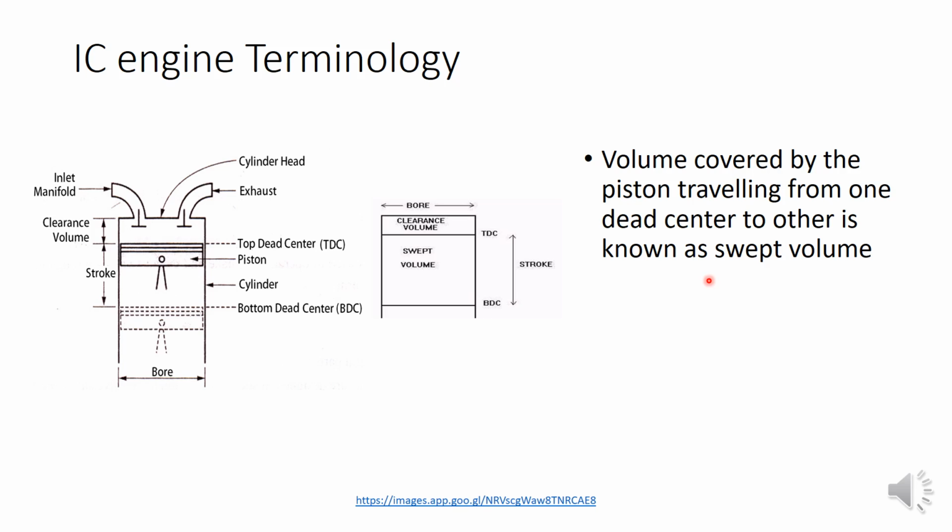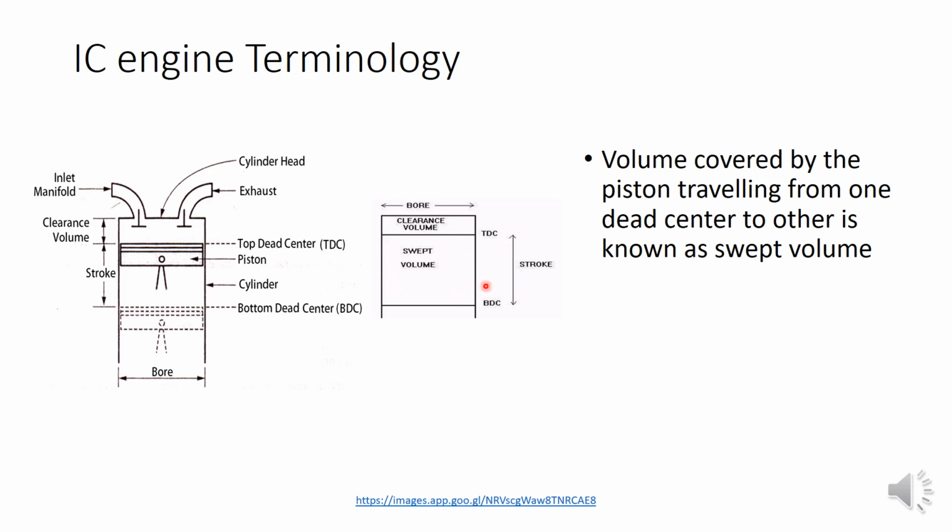Please note that it is not the total volume. It is the swept volume. Swept volume is different from the total volume of the cylinder. It is the volume covered by the piston moving from one dead center to the other.